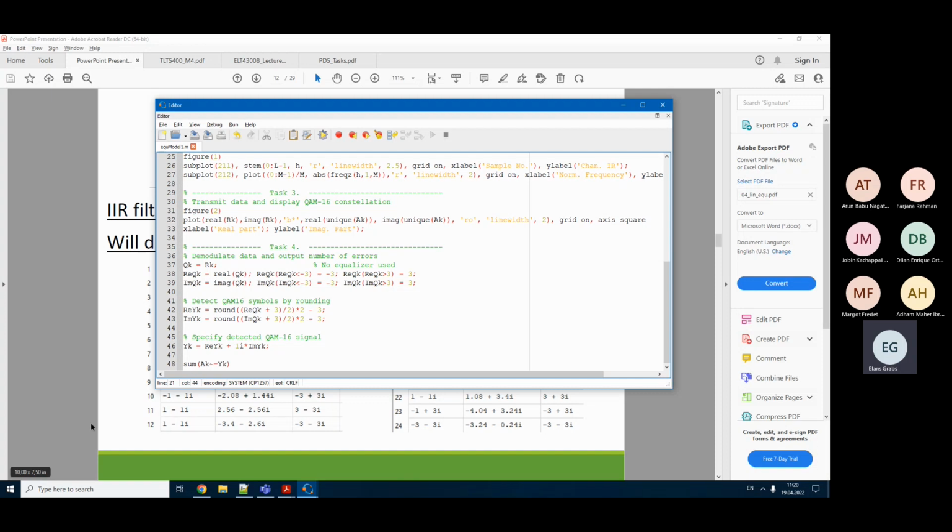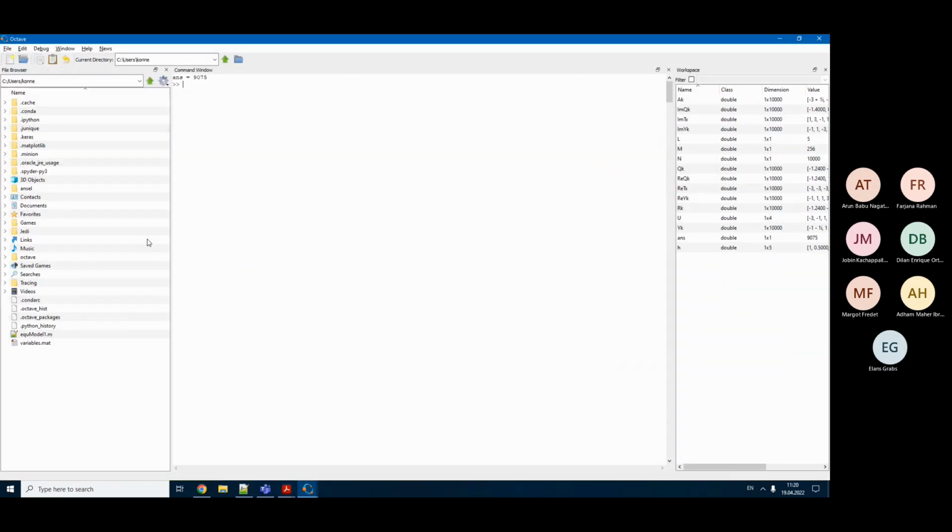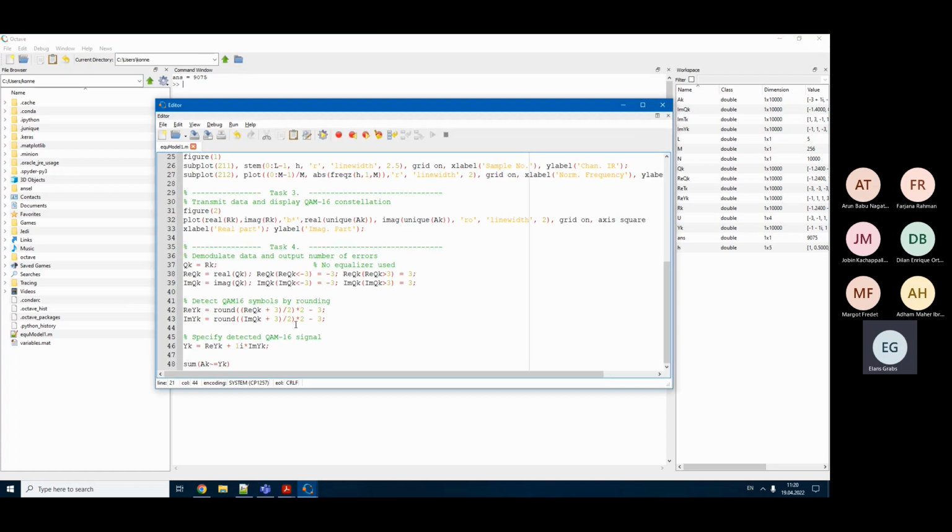And accordingly we can see the number of errors here is 9,000. 9,000 out of 10,000. Yes, so there is almost 1,000 of correctly received symbols only. That is 10%. Just 10% have been sent correctly. Well, unfortunately, that's how it's working.